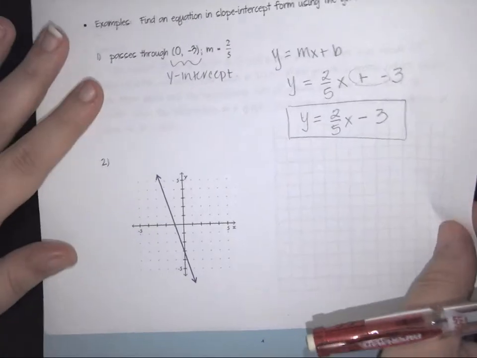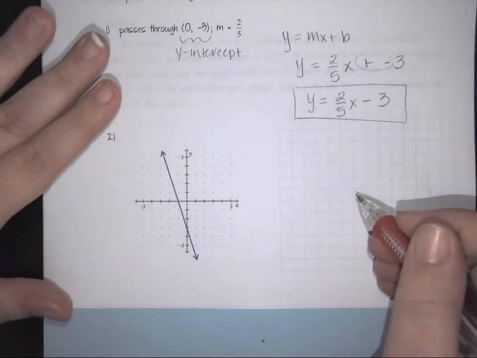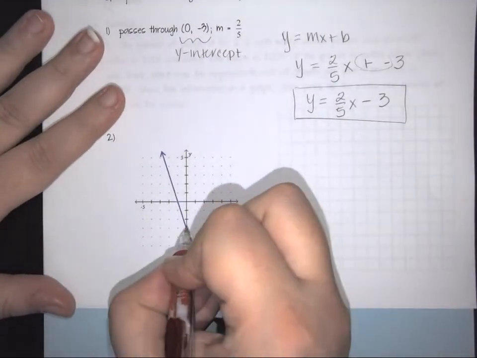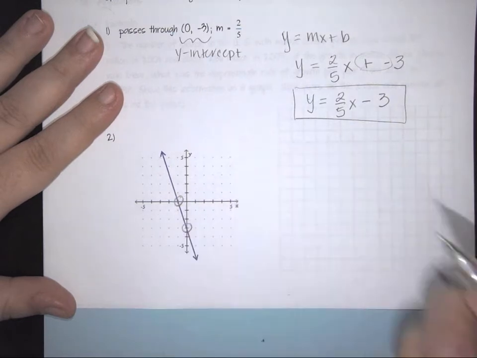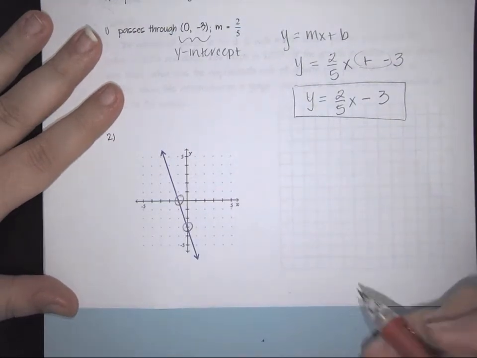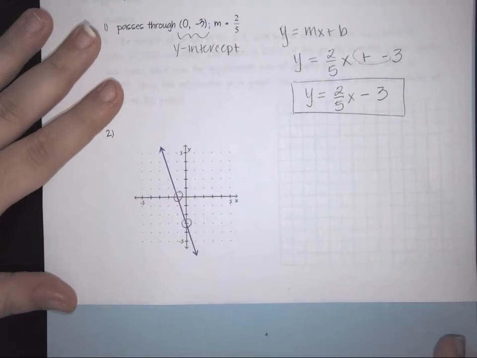And this is the equation of your line. Now this next example, we just simply have a graph. So what you want to do here is you want to identify 2 points that you can use in order to find your slope, and then hopefully one of those points or a different point would be your y-intercept.